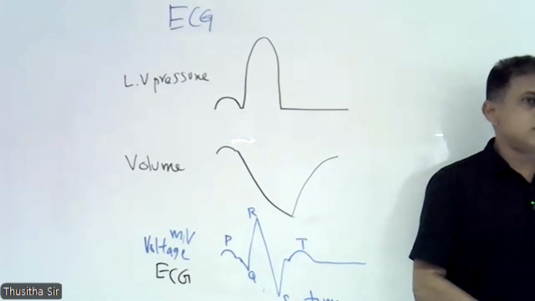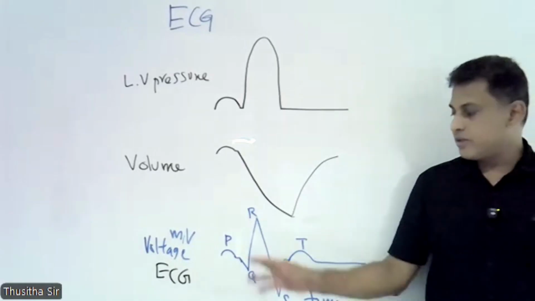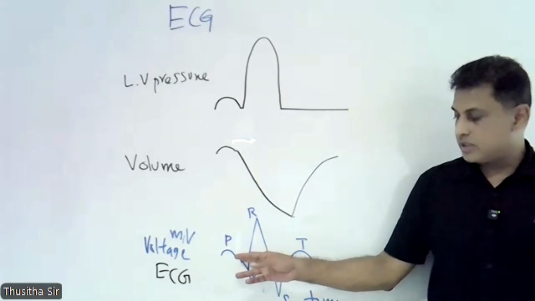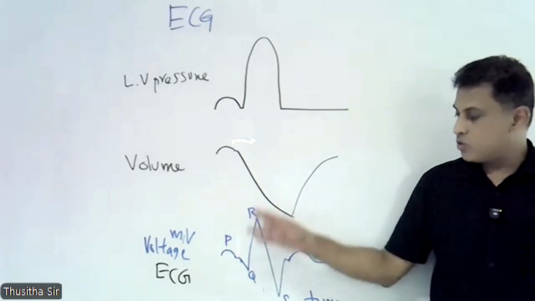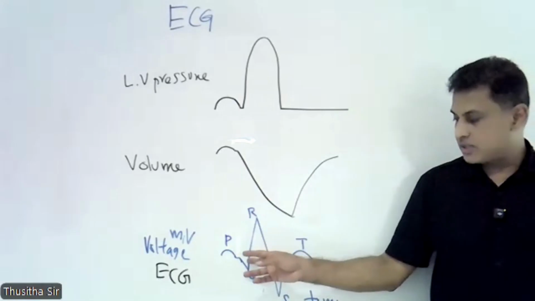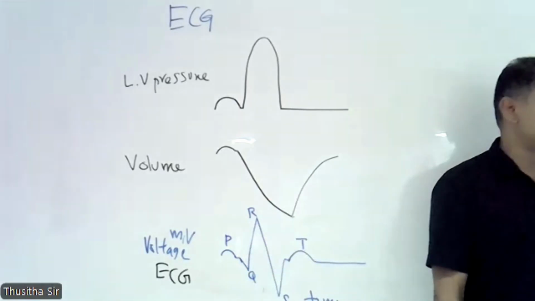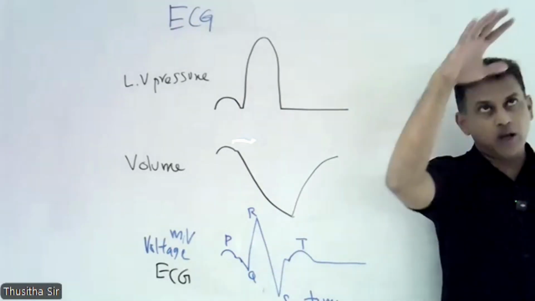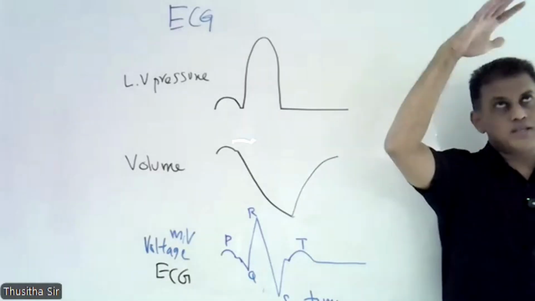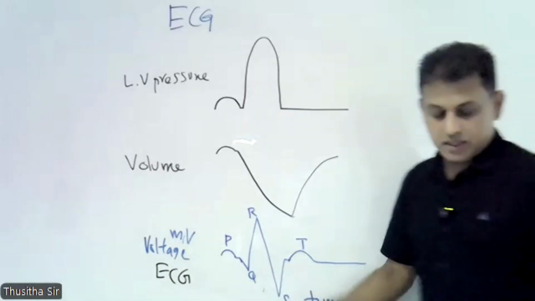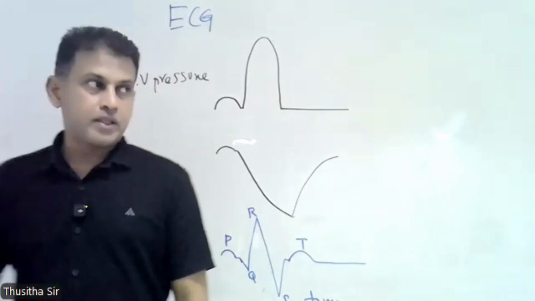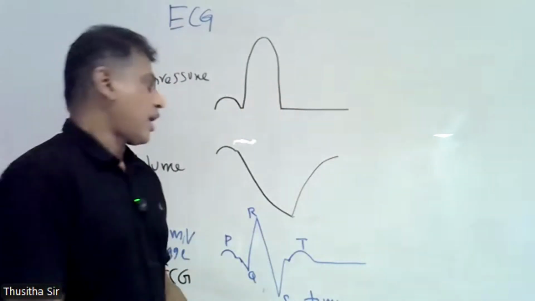And you don't see the atrial repolarization here because the QRS is powerful, it masks the change, so we cannot see it. It's going up and down, depolarize, repolarize. So we can't see it here because it's covered by QRS.